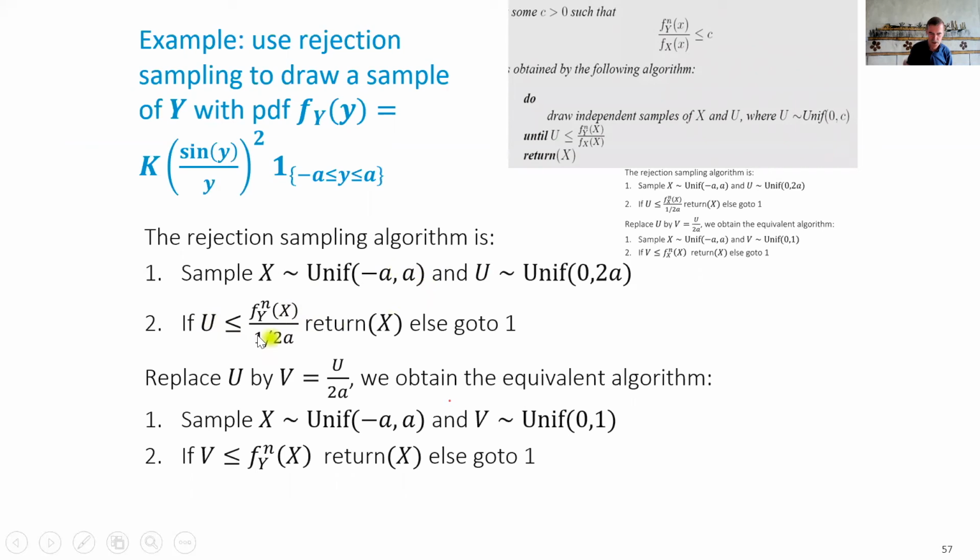Instead of drawing u uniform between 0 and 2a, if I draw it uniform between 0 and 1, then the relation between u and v is this one. V is equal to u divided by 2a, so the test is changed here, and that gives exactly the algorithm we had. If v is less than the non-normalized density, we keep it, otherwise we reject it.